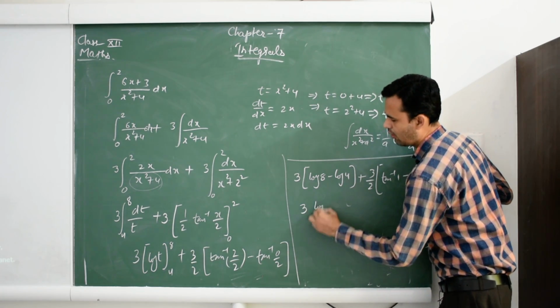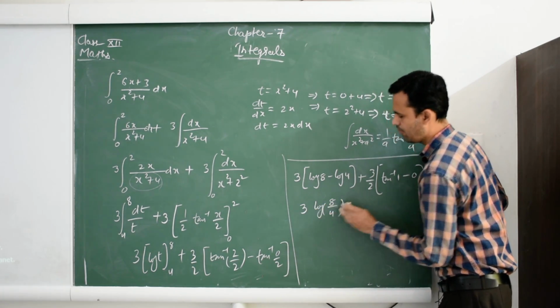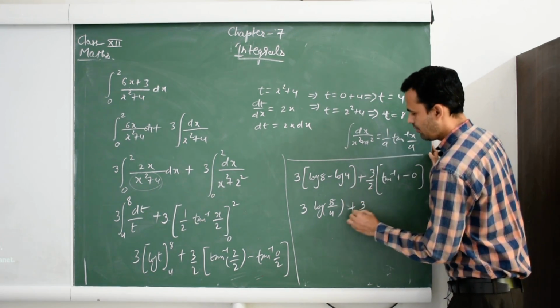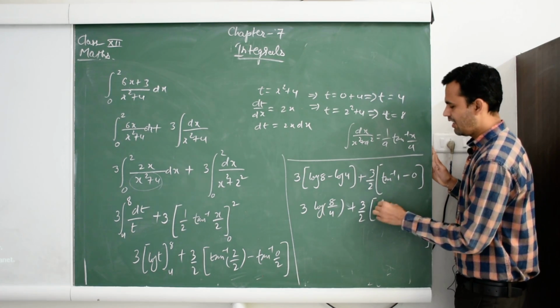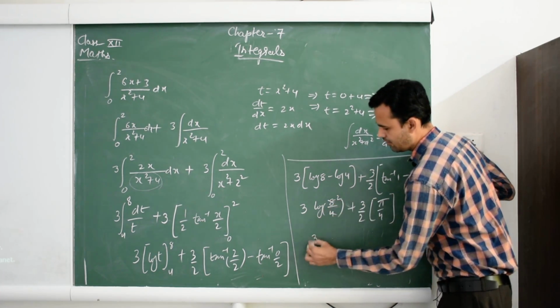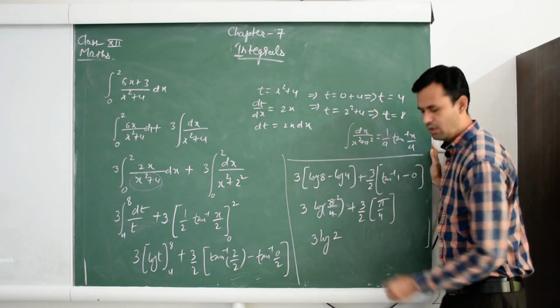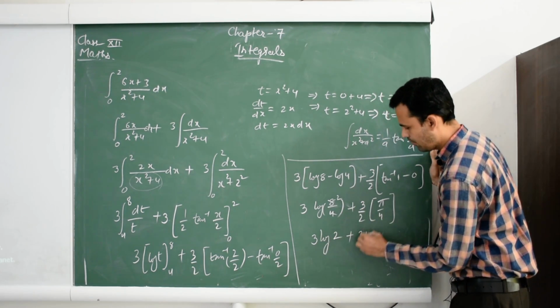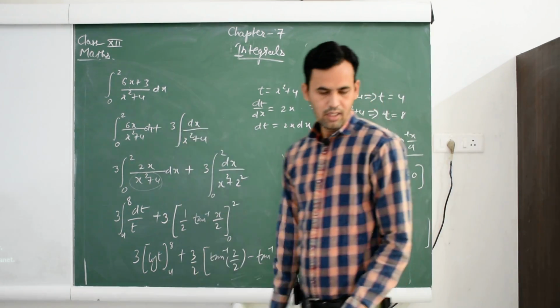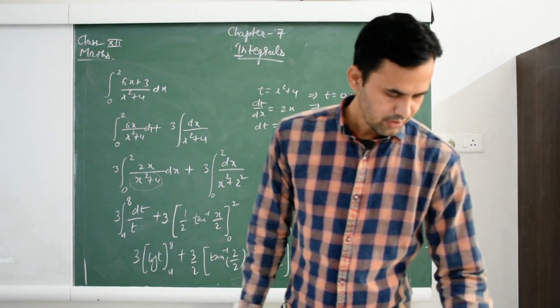So, 3 log 8 upon 4, since log m minus log n equals log m upon n, plus 3 by 2, and the value of tan inverse 1 is pi by 4. If we simplify it, then we get 3 log 2 plus 3 pi by 8. This is the answer of question number 19 of this exercise.